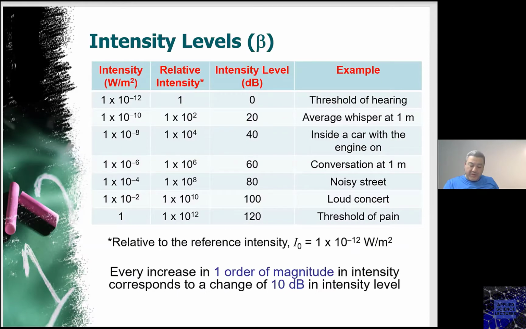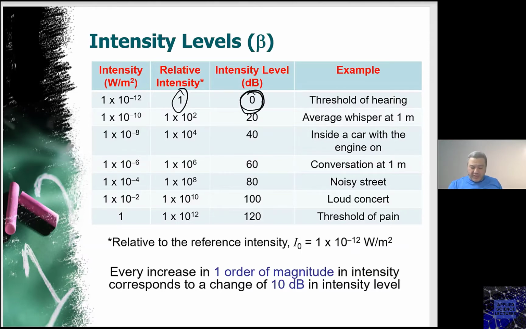So our reference is the threshold. Let's look at a few examples that we may encounter in our daily life. The threshold of hearing is 0 dB. Why 0? Because we are dividing 1 times 10 to the power minus 12 by 1 times 10 to the power minus 12, which is the reference, and this gives me 1. The logarithm of 1 is 0.